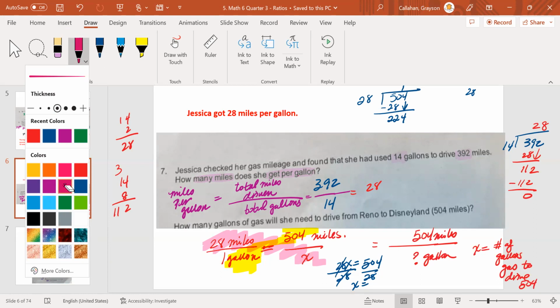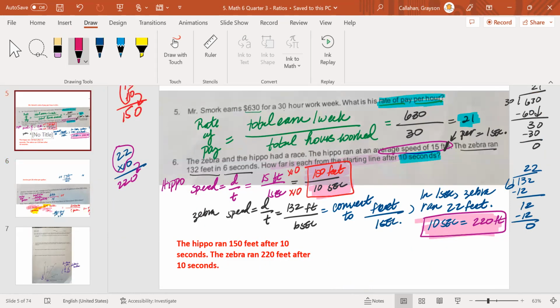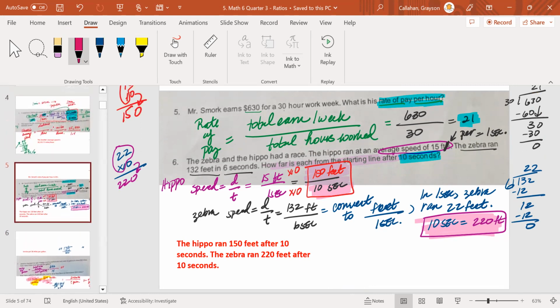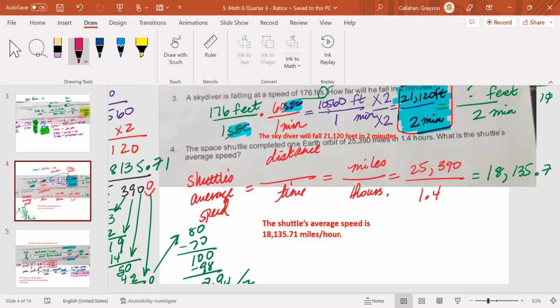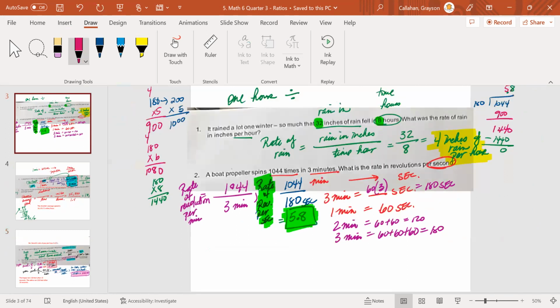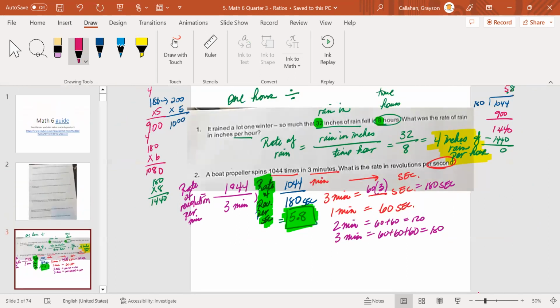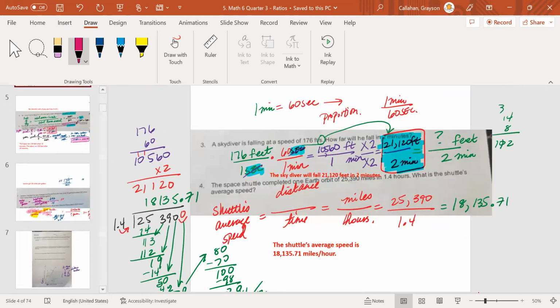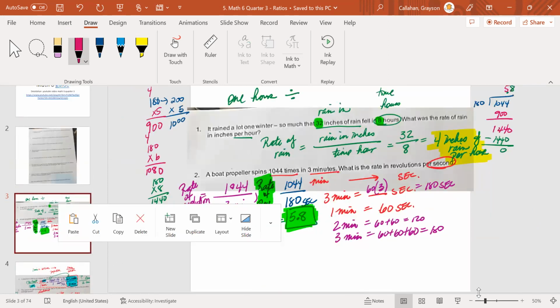So in this case, you're not converting gallons or miles to feet or whatever, you know what I mean? Over here, let me go back. That's a really good question. Over here, where you are converting feet over 1 second, if you convert feet to 1 second, you will have to flip it around a little bit. Hold on, let me find the one that we did before. I don't remember which one required that.